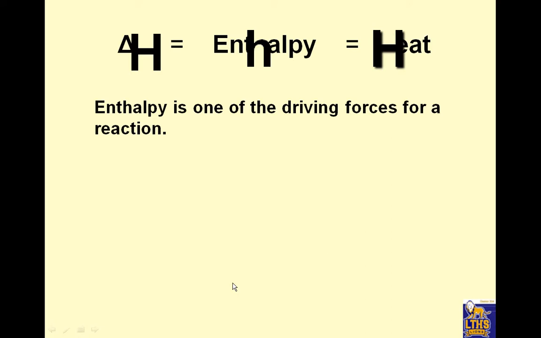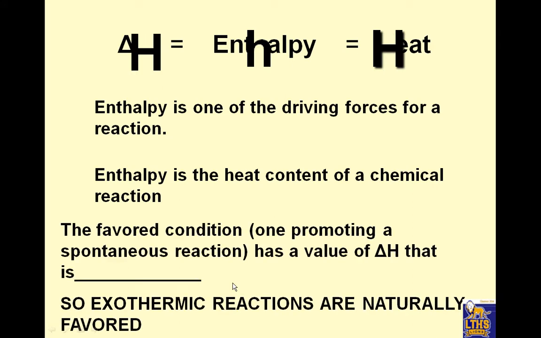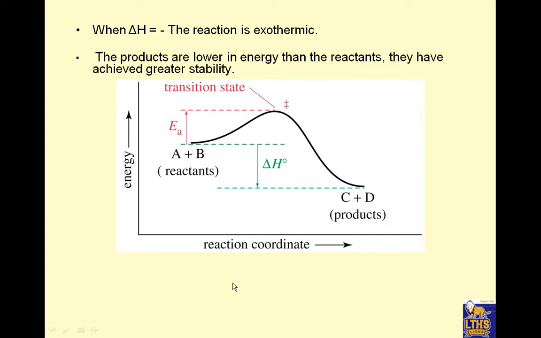It's one of the driving forces for any reaction, especially spontaneous ones. Enthalpy is the heat content of a chemical reaction. So the favored condition, the one that's going to help us get a spontaneous reaction, is a negative value for delta H. That means exothermic is a naturally favored state. Here's why. Here's the energy diagram. These are reactants, these are products.